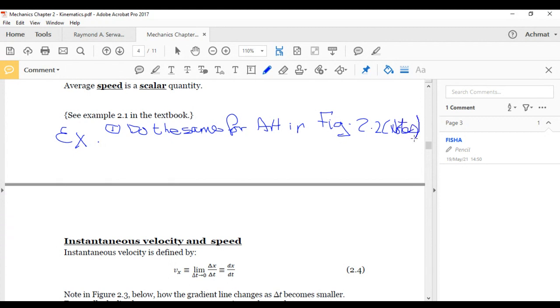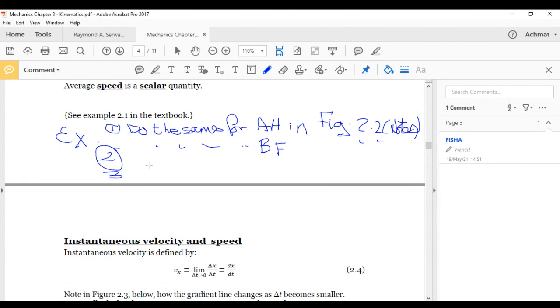Sorry for my bad handwriting with the mouse. Not that my handwriting is always good, it's actually always bad. And number 2, do the same for, let's say, B, F. Okay, for the same thing there.